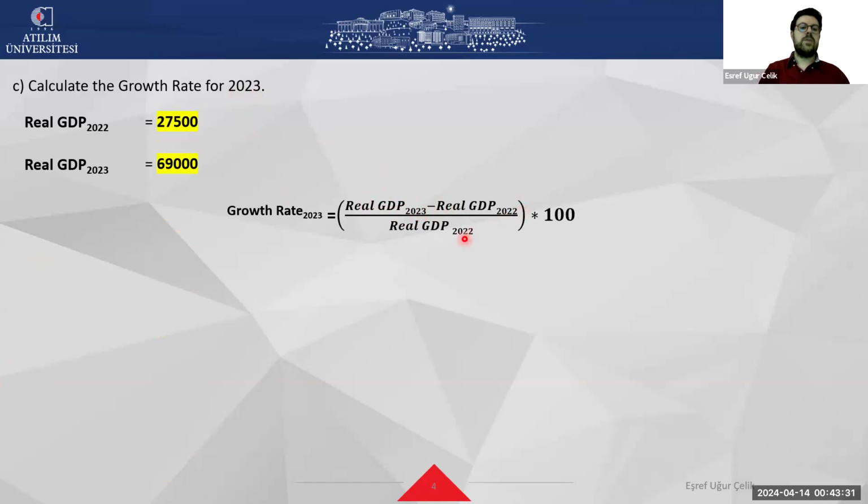So when I ask growth rate 2023, we take the real GDP 2023 minus 1 year earlier real GDP 2022, divided by real GDP 2022. This is the growth rate. That's why we also multiply our results by 100. So the answer is 150.91.